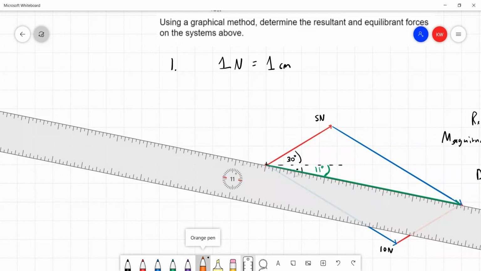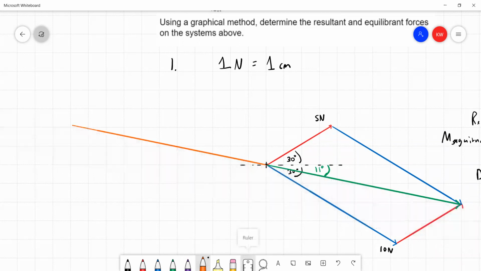So if I draw a line, I'll use orange this time, 2, 4, 6, 8, 10, 12, 13 and a little bit. I can draw a little arrow showing the direction of our equilibrium, and of course this will be going up the way at 11 degrees here.